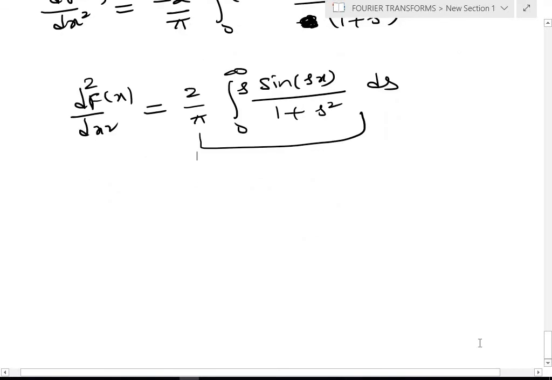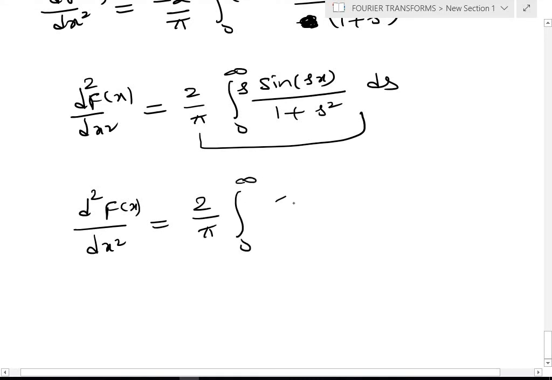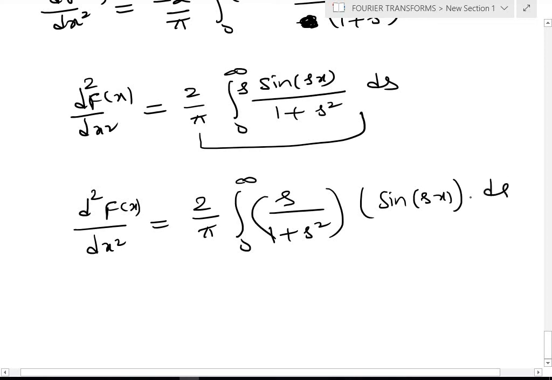So that means I can write like this: d square by dx square f of x equals 2 by pi, 0 to infinity, s divided by 1 plus s square, sin of sx ds. So that means indirectly this is the function and we are determining the Fourier transformation.